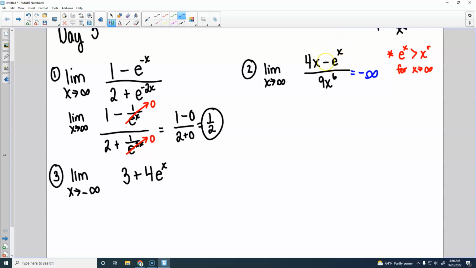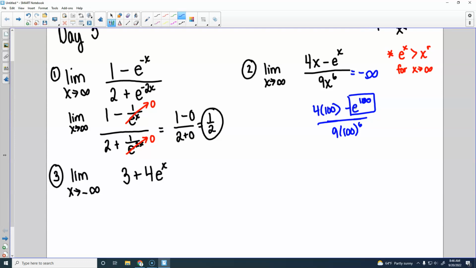Because this has that minus in front of it, if we plugged in 100, we would have 4 times 100 minus e to the 100 over 9 times 100 to the 6th. So what happens is that e to the 100, hopefully I picked a big enough number, should be our biggest number.